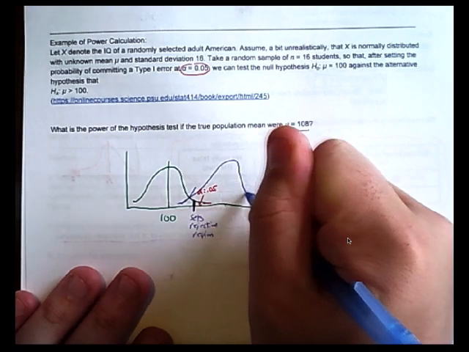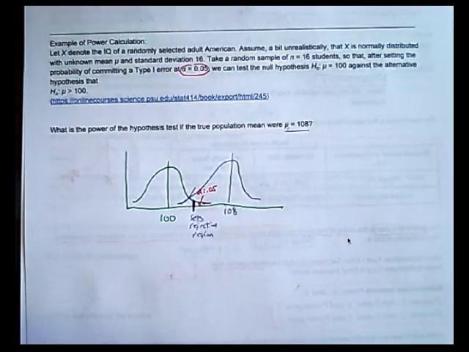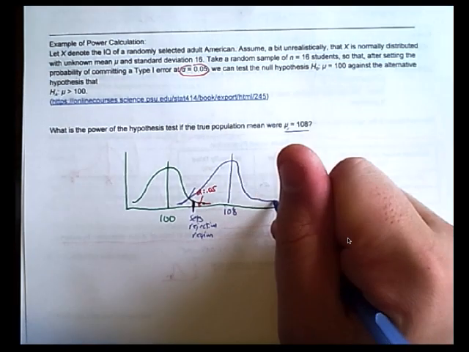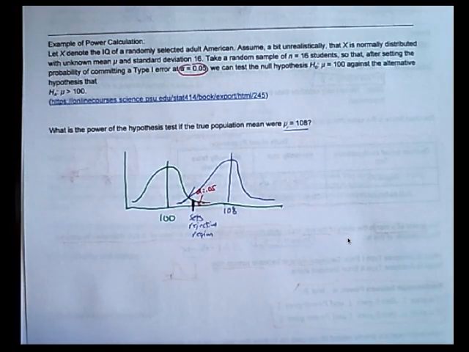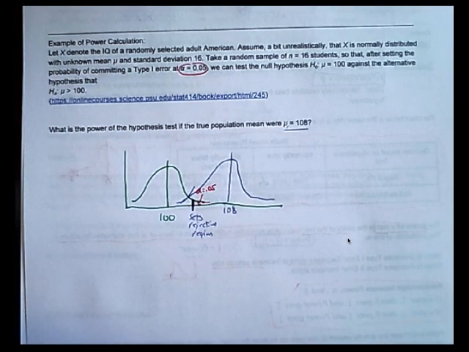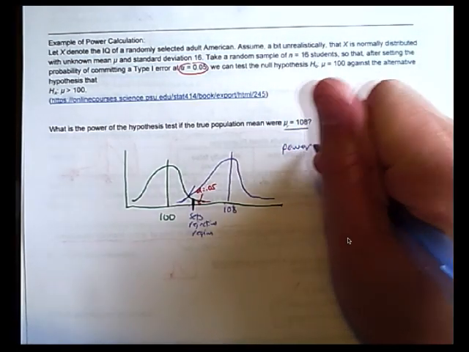And make another normal curve here. And this is some alternative to the null hypothesis of 108. So what I'm doing essentially is the power of this test. Remember what power means.